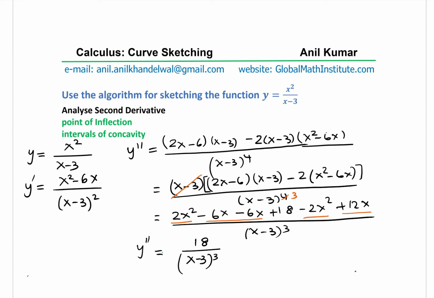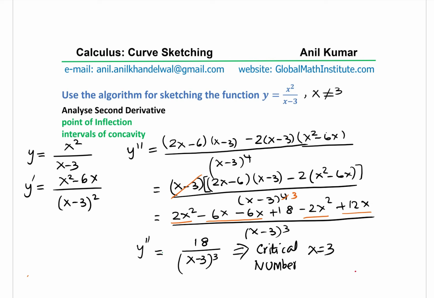So from here we have one critical number, and we can write that the critical number is at x equals 3. To find the concavity, we have a restriction here. Remember that. The restriction is that x is never equal to 3. We have a vertical asymptote. However, we can analyze either side of x equals 3 for concavity, right?